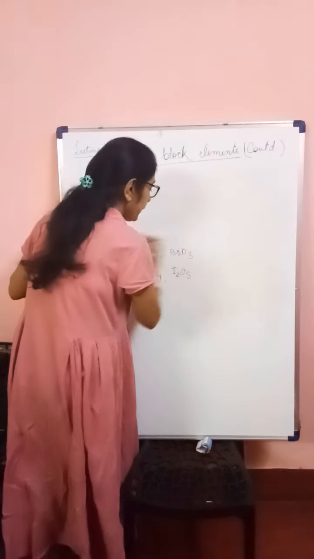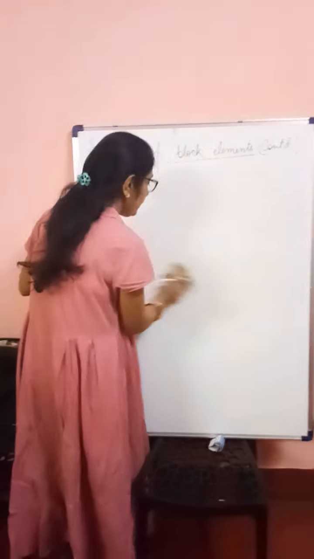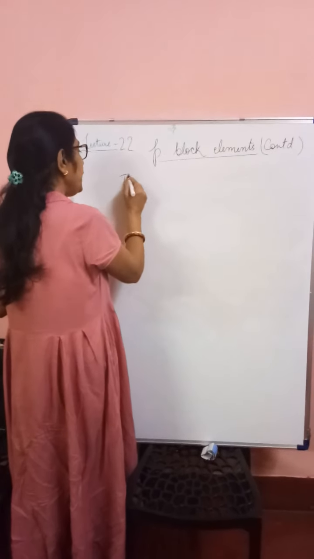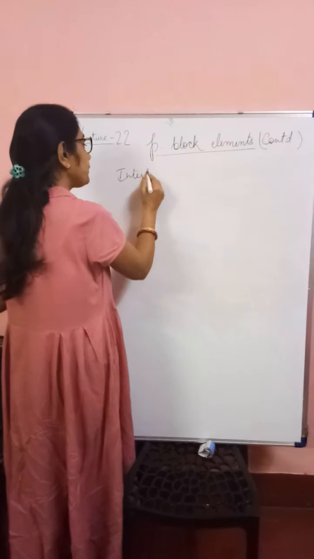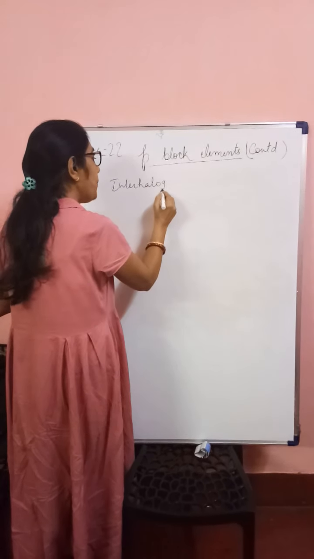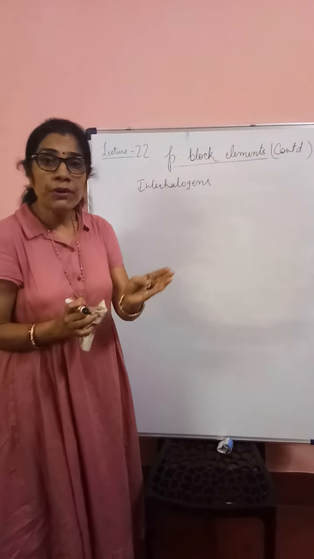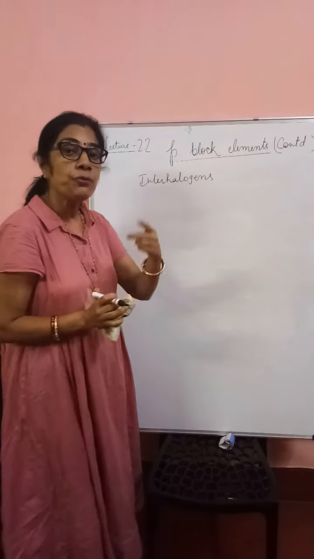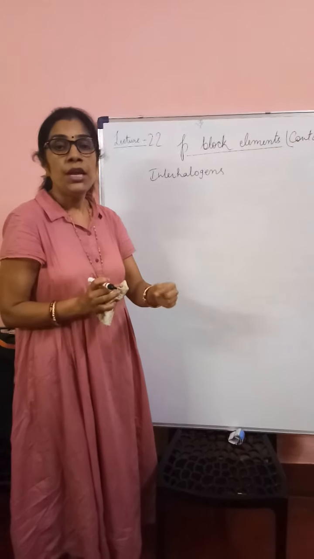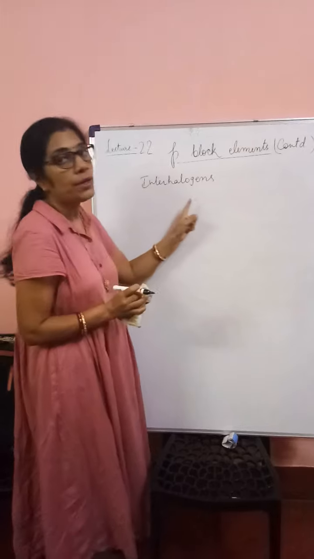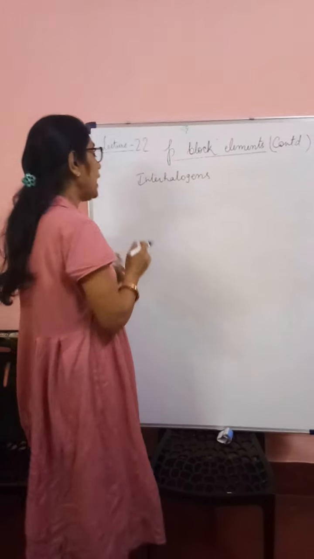Now today we will start with the interhalogens. What are interhalogens? The compounds which are formed between two different halogens, in which one is smaller and the other is more electronegative, are known as interhalogens.